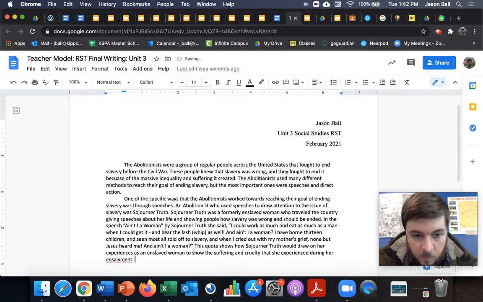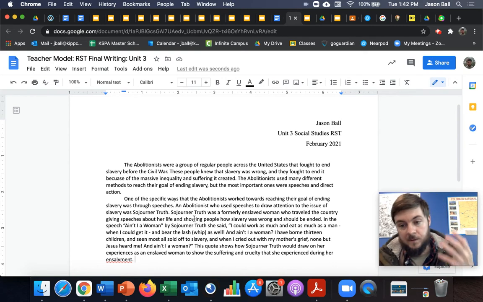And again, she's in the quote here talking about how she would be beaten, bear the lash, how she had her children stolen away from her. So that really is why I'm saying that it shows the suffering and horrible conditions.